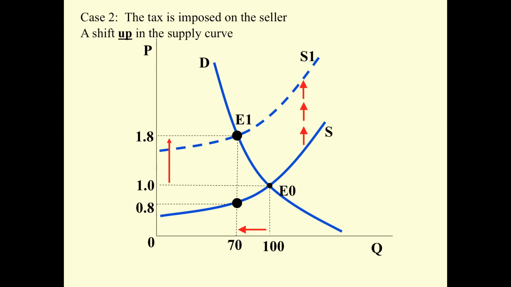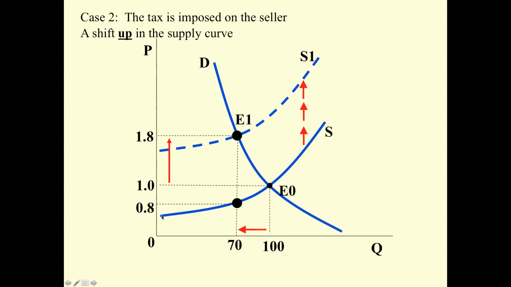So what has to happen? In order to net 80 cents from the buyer, the supplier has to charge $1 more than that, way up here at $1.80, because they then have to pay the tax of $1, so they will get only 80 cents. Okay? So that's true for every point along the supply curve.